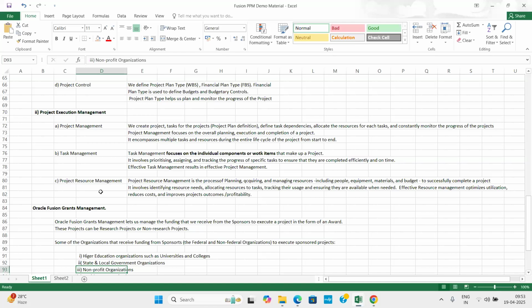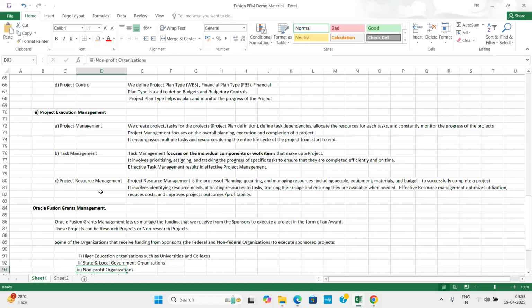Then you also define the task dependencies, what all the tasks are depending on each task. Allocate the resources for each task. Project management means you will have to allocate the right resources for each task and constantly monitor the progress of the project. Project management focuses on the overall planning, execution, and completion of a project.